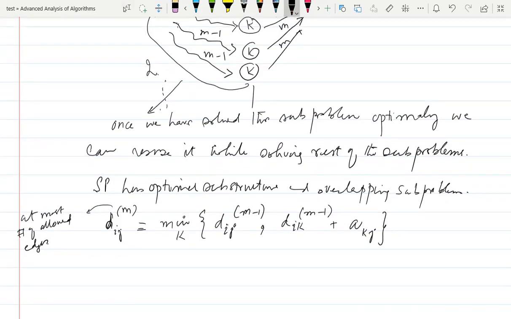So this is the dynamic programming variant of this problem, which can be used to solve this problem.